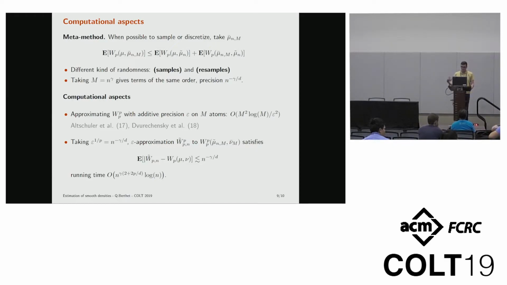And so what our final result tells us is that we can get an estimate with precision n to the minus gamma over d, when gamma can be greater than 1, with a running time that depends on gamma and also on p and d. And the nice thing here is that we control gamma, and so we can buy more statistical precision, and we know how much we lose on the computation side.